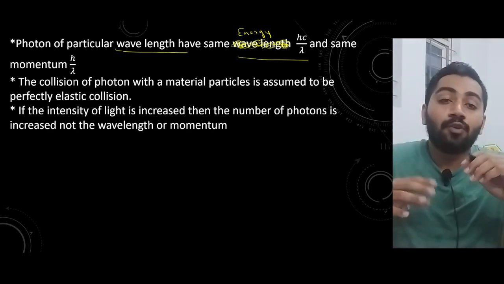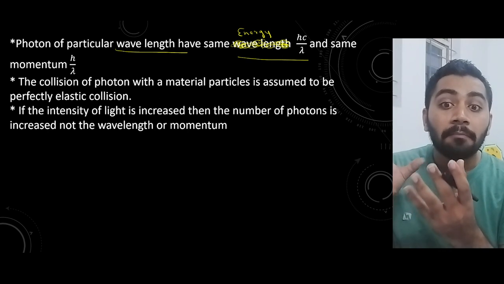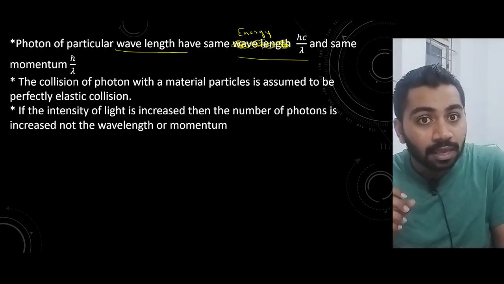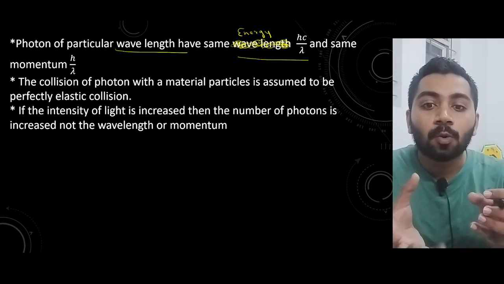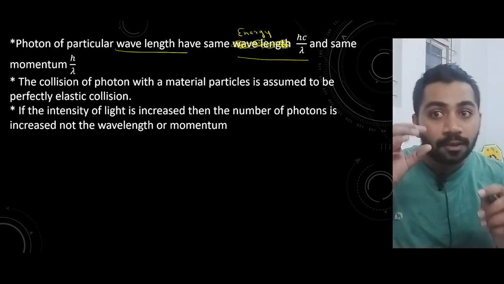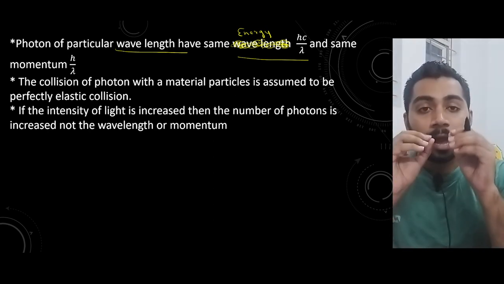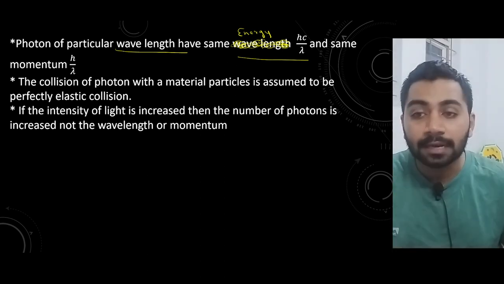You might think that if a light is very bright, its energy and momentum are high, and if a light is very weak, its energy and momentum are low. No, that is not the case. If you fix a particular wavelength, a red light, then the energy and momentum are the same. They are not going to vary.